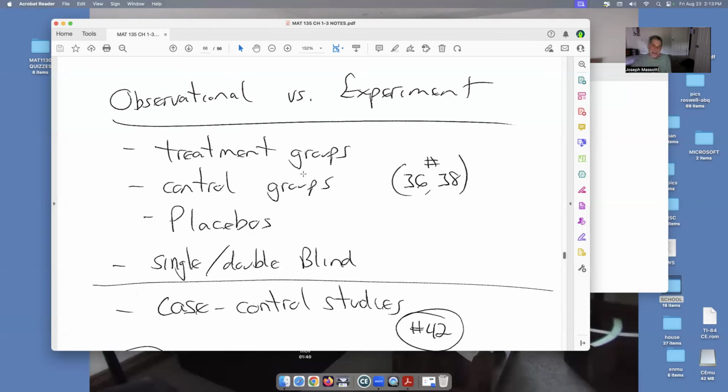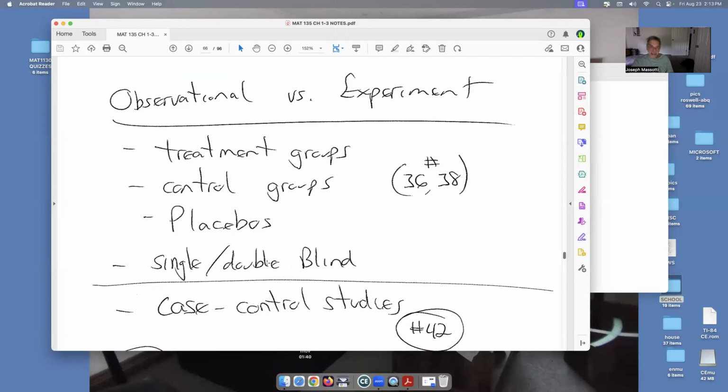It's never going to be perfect, but if you can get as close as possible to having everything else the same between the two groups, then hopefully, with some confidence, you can attribute those differences to that thing you're measuring, whether it be a drug treatment or whatever else it is. So we have a group of people, we break them into groups. One group gets the treatment, one group does not get the treatment.